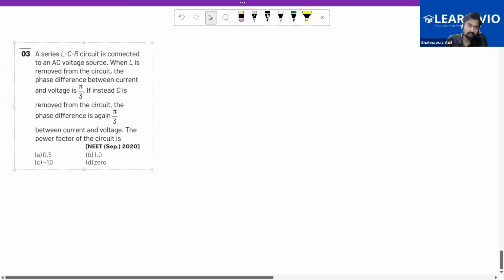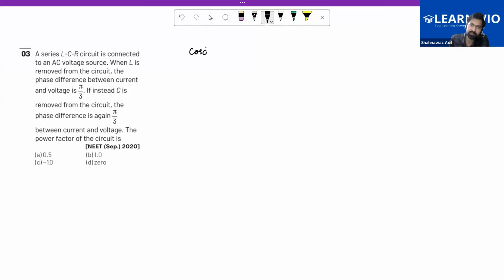So we know that the power factor is cos phi, and cos phi is R by Z. If instead C is removed from the circuit, the phase difference is again pi by 3 between current and voltage.